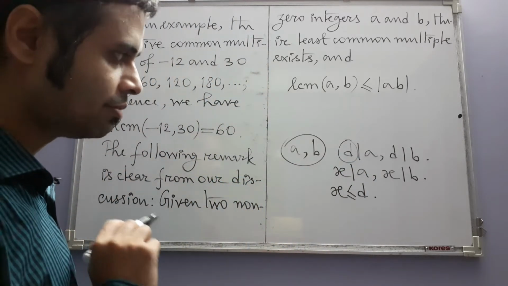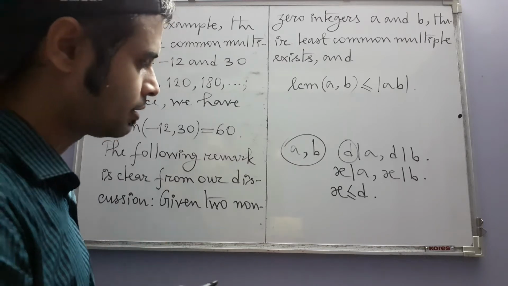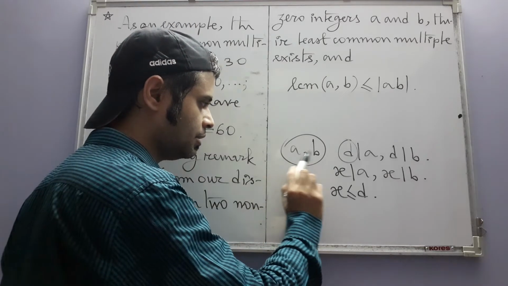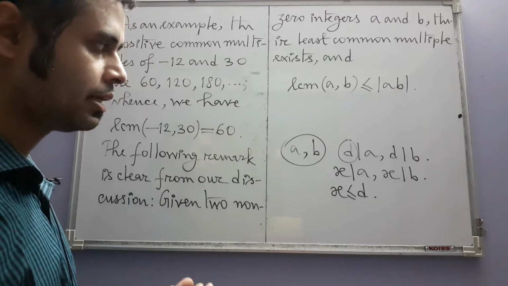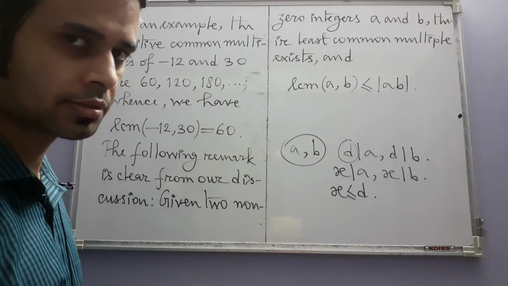Now from this definition and from the fact that at least one of these is non-zero, it is not immediately obvious that D actually exists.